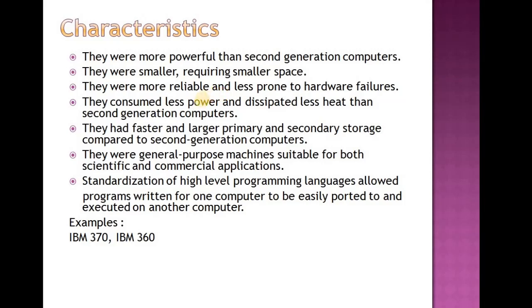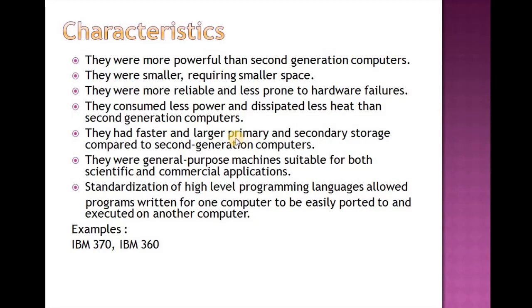And next, they consumed less power and dissipated less heat than the second generation computers. So they consumed very little power or electricity compared to the earlier generation, and the heat generated in the third generation computer was less.